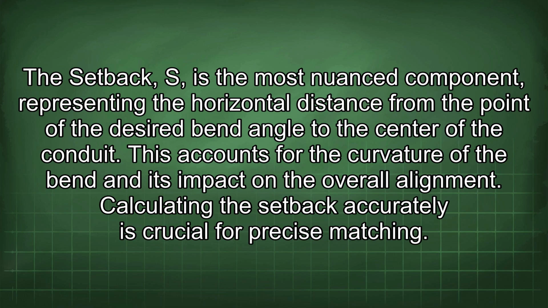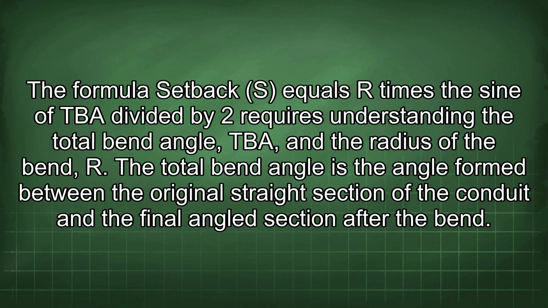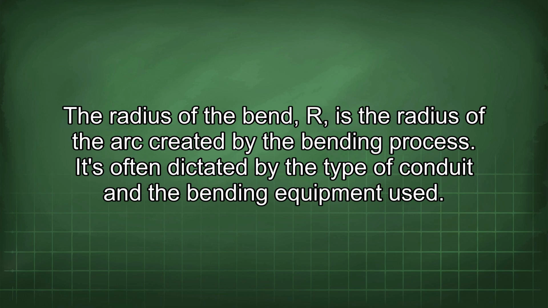Calculating the setback accurately is crucial for precise matching. The formula setback S equals R times the sine of TBA divided by 2 requires understanding the total bend angle, TBA, and the radius of the bend, R. The total bend angle is the angle formed between the original straight section of the conduit and the final angled section after the bend. The radius of the bend, R, is the radius of the arc created by the bending process.